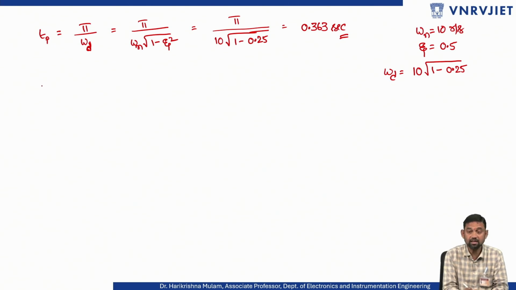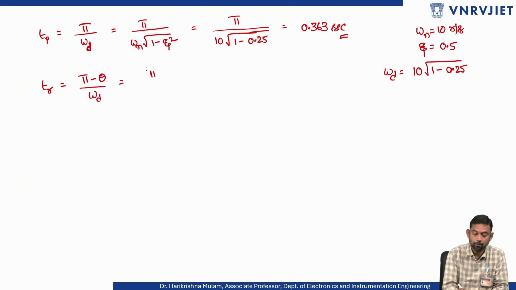Similarly, though it is not asked in the problem, I would like to find one more parameter among time domain specifications, that is rise time. Rise time is given by the formula pi minus theta by omega d, where omega d is omega n square root of 1 minus zeta square.